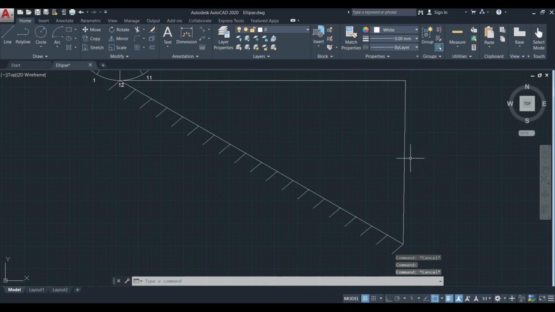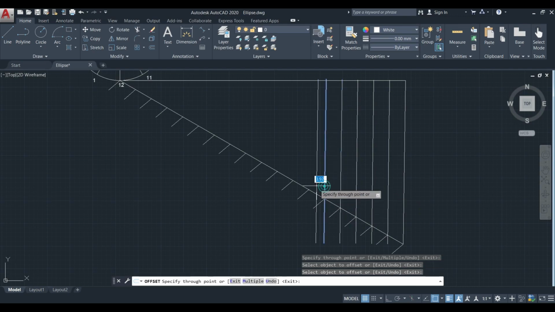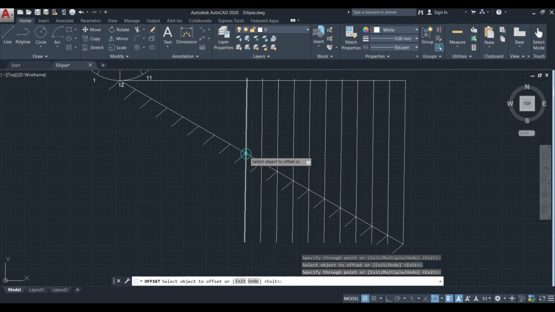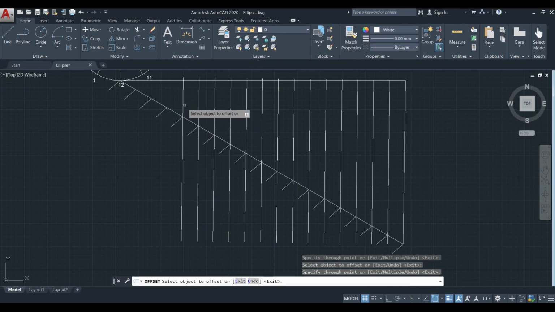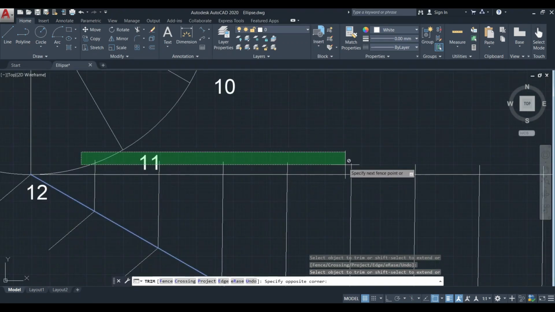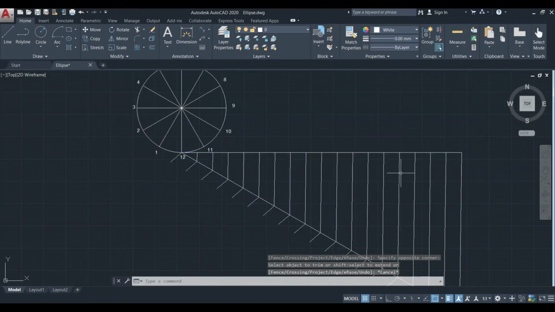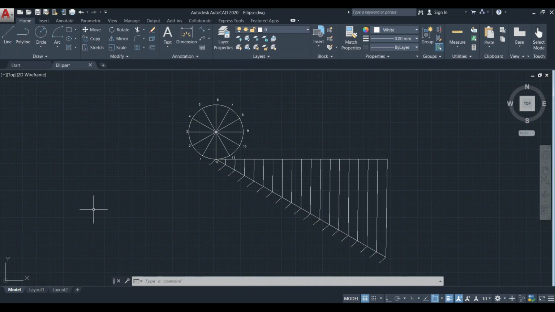Next we can draw lines parallel to this particular line, connecting each and every individual division point here. Then we will get a figure like this.